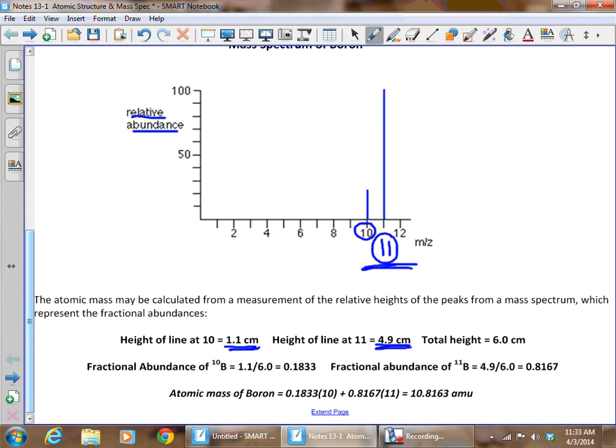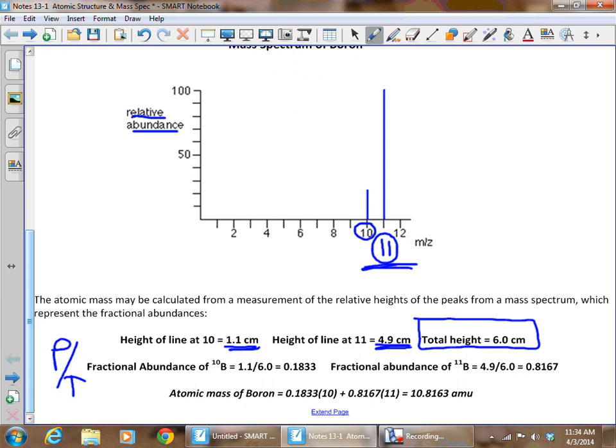The first thing we'd want to do is to get the total height. So we would add those two together, and we get 6.0. And just like we do with percentages, we're going to do partial over total. Partial over total without the times 100 is going to get us the fractional abundance.